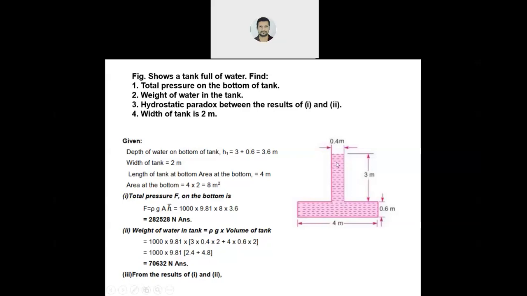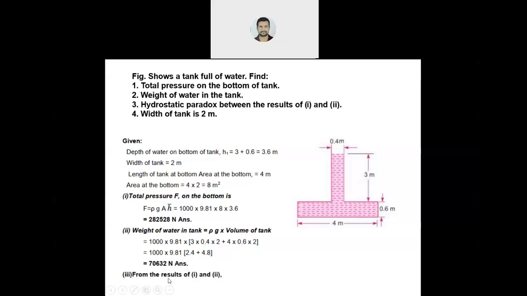This body is divided into two parts: first this tube shape and then this lower side. So the upper tube side is 0.4 into 3 into 2, and this lower side you have to add, it is 4 into 0.6 into 2. When you solve this you will get this much weight.